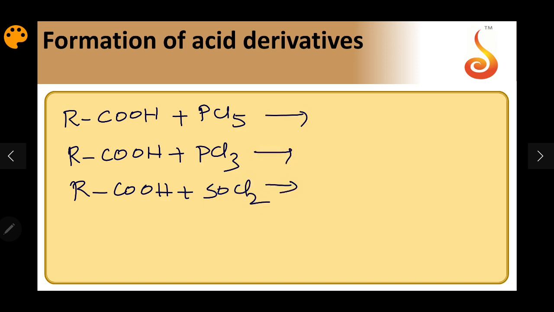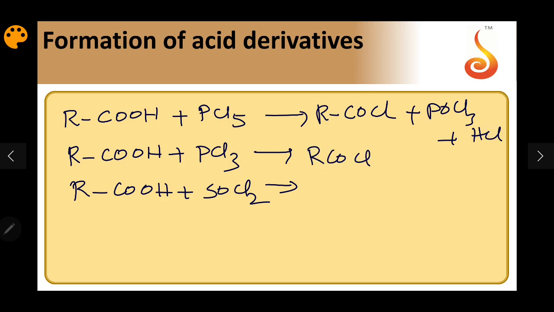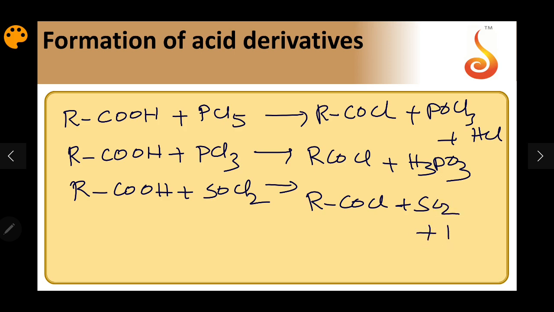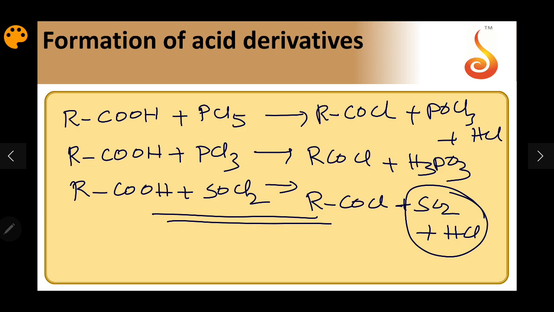If I take PCl5, the products are RCOCl plus POCl3 and HCl. Here also RCOCl plus H3PO3. Here also RCOCl plus SO2 plus HCl, so both by-products are gaseous here. This is the best method for converting carboxylic acid to acid chloride.